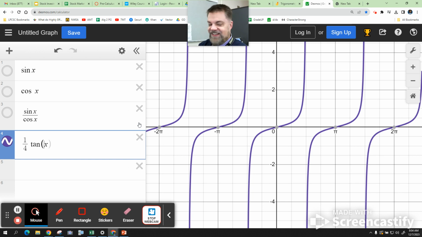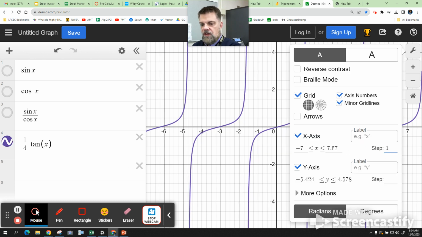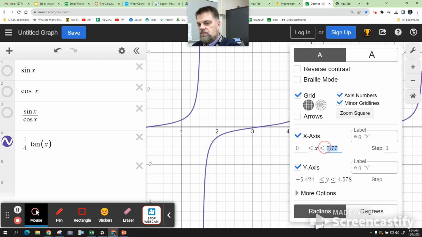So now when I put the 1/4 in there, that's going to change the period. So you're going to see big gaps. So this is going to move all the way to 4. So what I'm going to do is change this real quick, and we'll make the step 1, and I'm going to go from 0 to 8 because that's what it said.